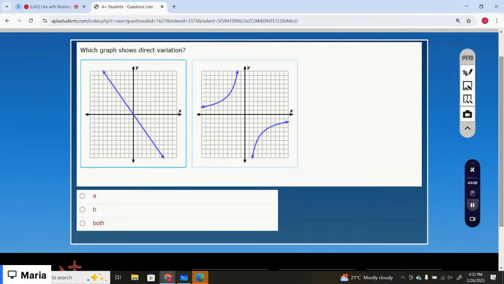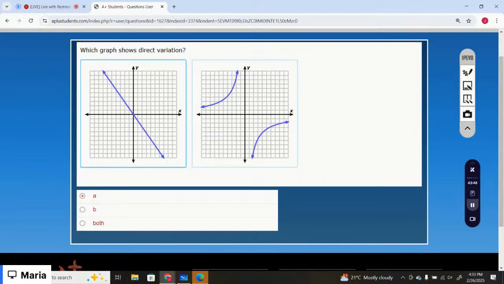Which graph shows direct variation? Option number one, A is the correct option.